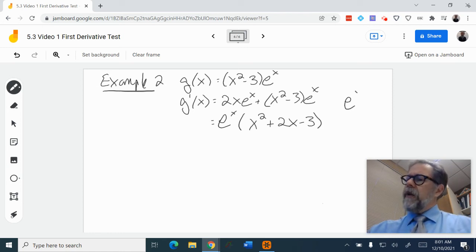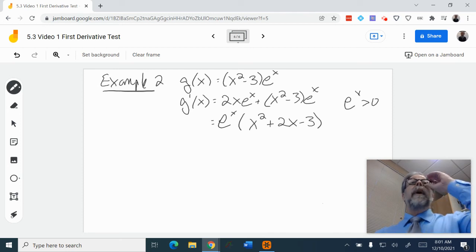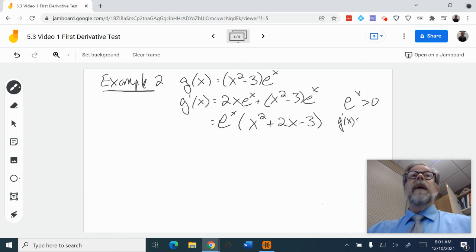E to the x is greater than 0 for all values of x, so I don't have to worry about that. I can focus on the quadratic. I know that the derivative is equal to 0 when x is equal to negative 3 and positive 1.